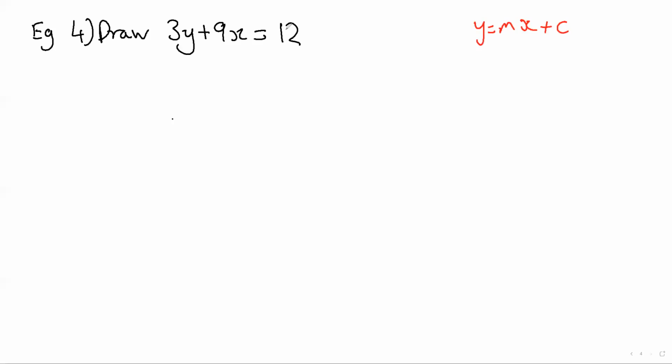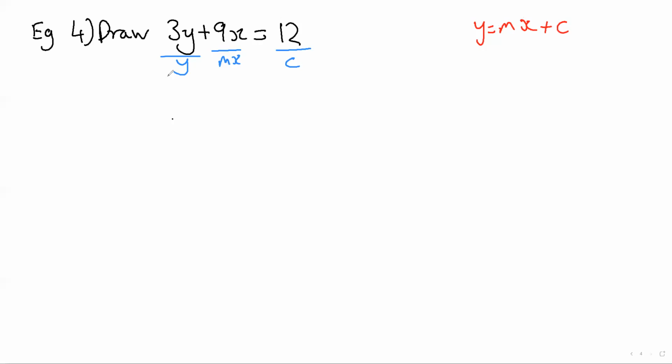First off, we want the y to be on the left-hand side. We want the c and the mx to be on the right-hand side. So we can see that this is our y, this is our mx, and this is our c. So we can rearrange it.